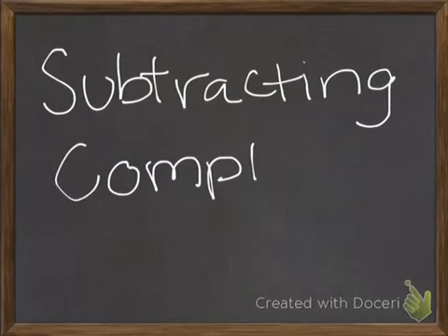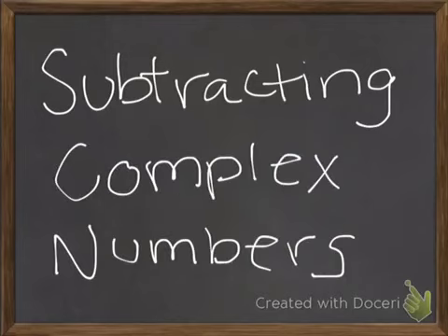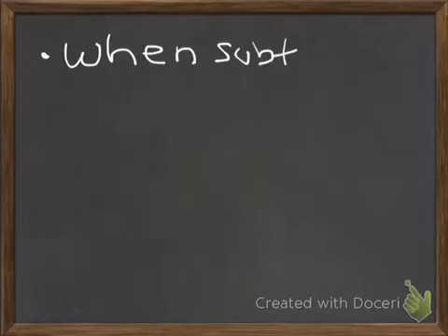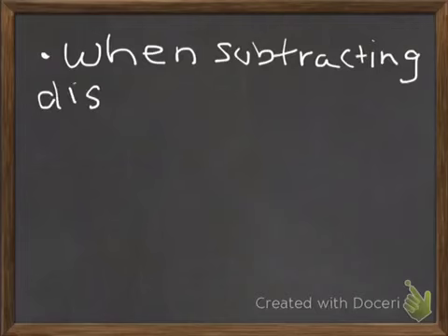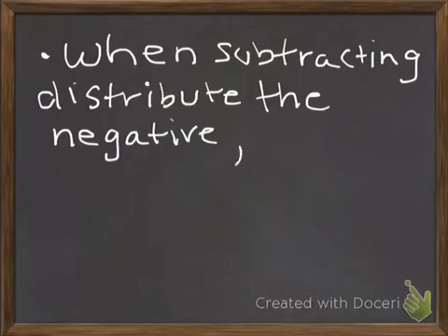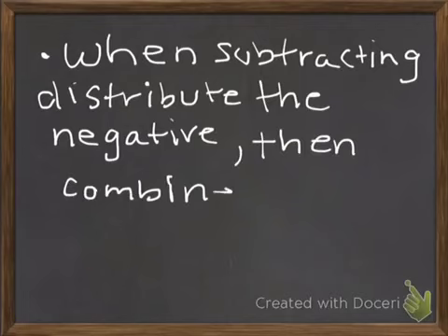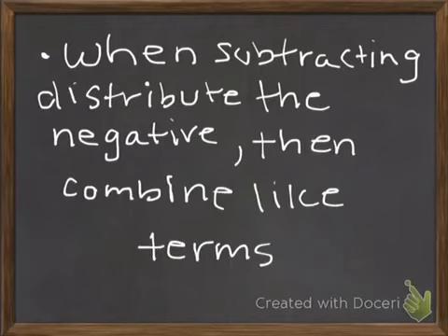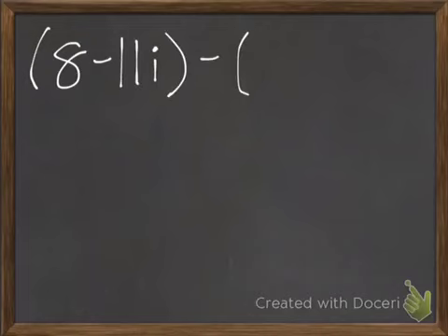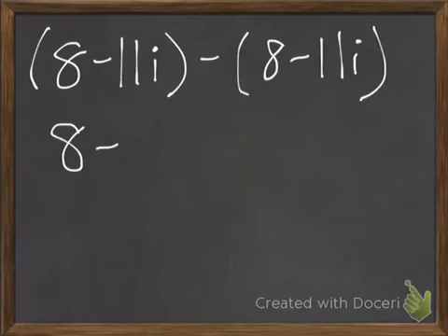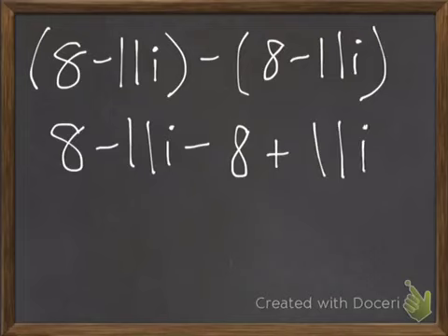Now we're going to move on to subtracting complex numbers. When subtracting complex numbers, we're going to distribute the negative sign and then combine like terms, like before. So 8 minus 11i minus 8 minus 11i would become 8 minus 11i minus 8 plus 11i.